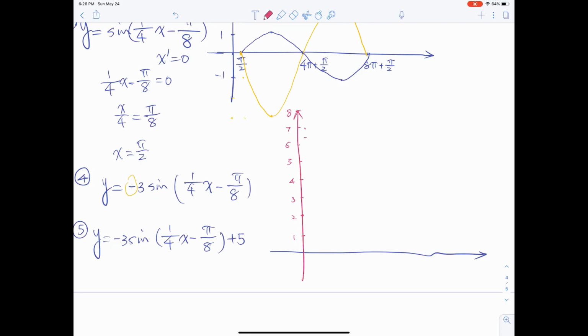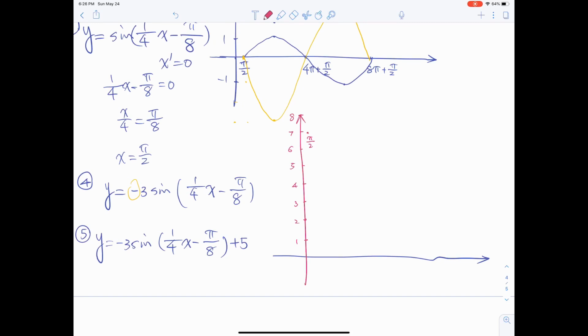And this is pi over 2, starting from here. The lowest point, starting from 5, do it again. Starting from 5, pi over 2, and every 4 pi plus pi over 2, 8 pi plus pi over 2.